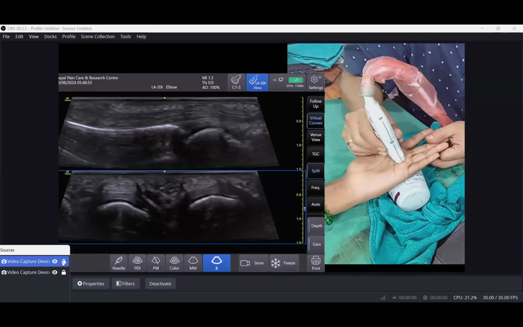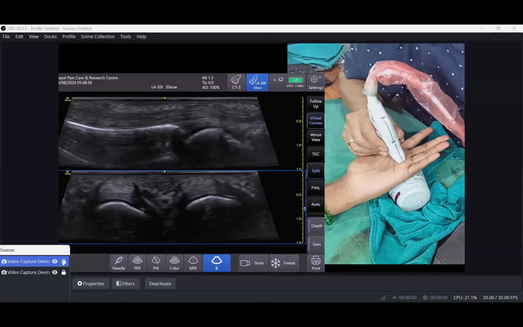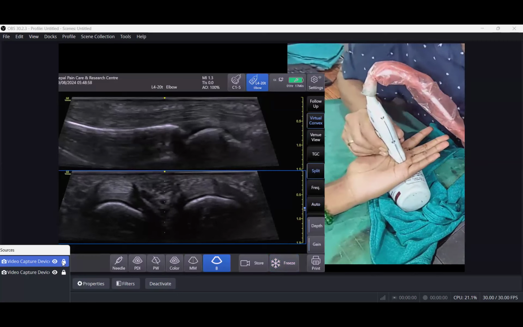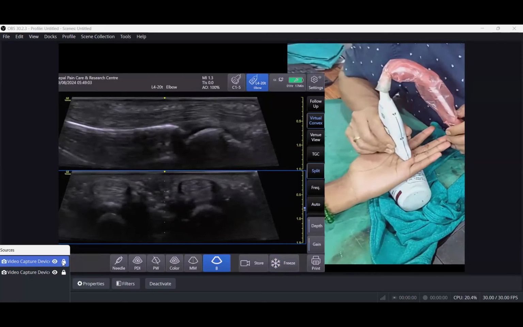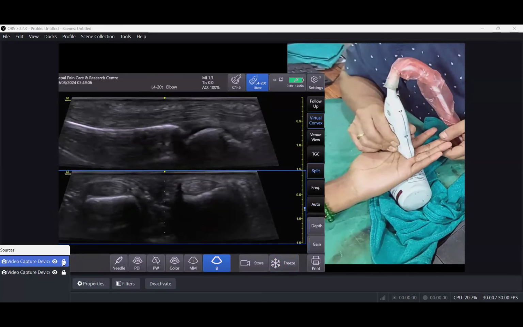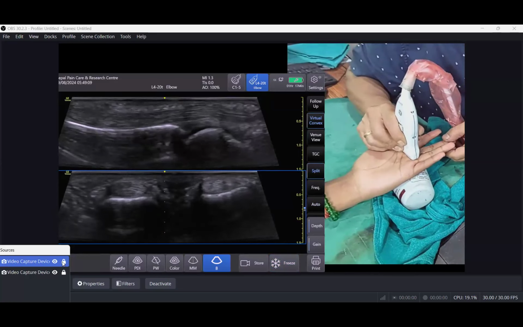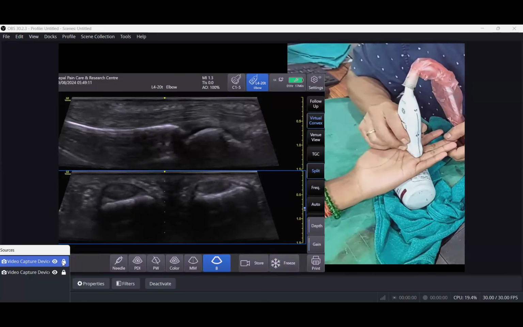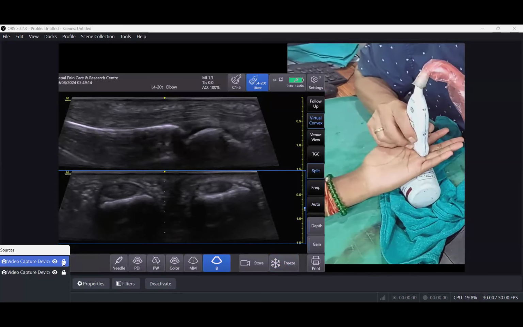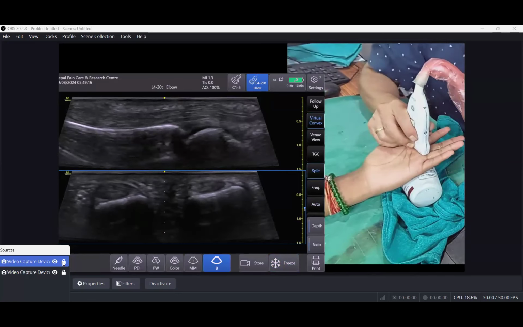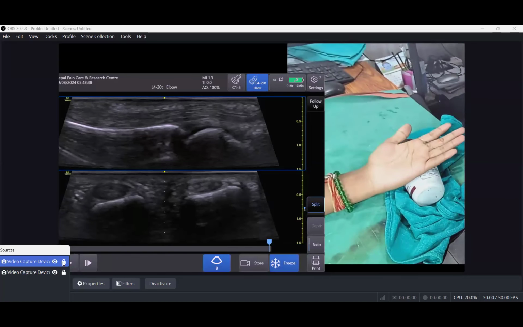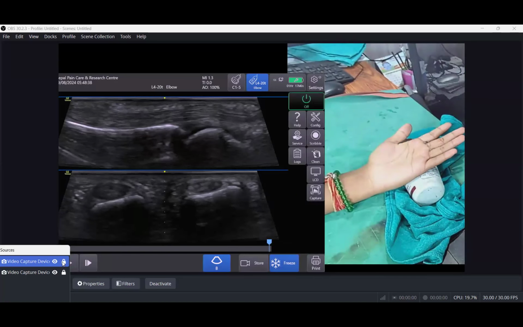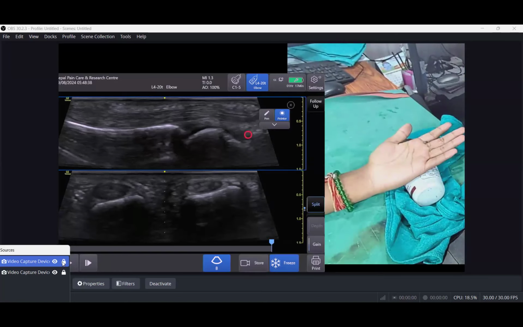You can see this hyperechoic structure. Okay, so I'm freezing it here. I'm showing you this in two planes. This one is long axis. This one is short axis.